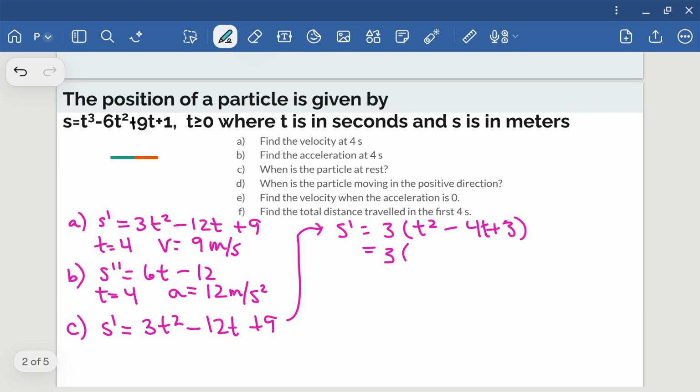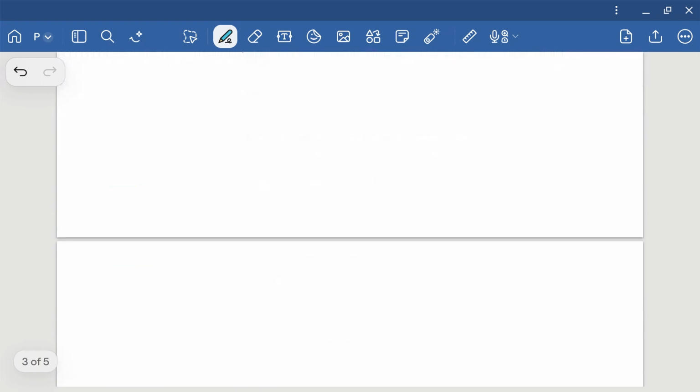And then we will factor a little bit further here, and we'll get t minus 1 and t minus 3. Now, once we have that, we know that we can set each factor equal to 0, and at the time t equals 1 and 3, it's when the particle would be at rest, because that's when our velocity would be 0. Moving on, I'm just going to go to the next slide here just for some more space.